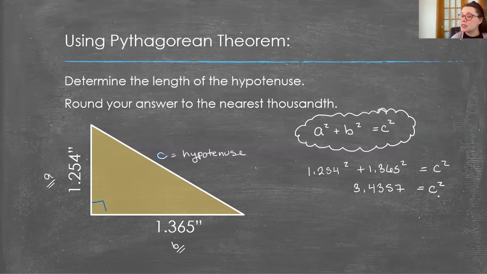Now this is equal to c squared, which is not c, so I need to know how to figure out c. So I'm going to take the square root of both sides.